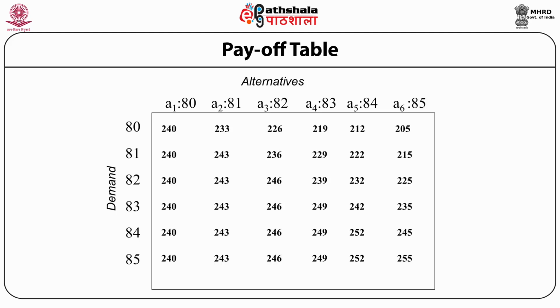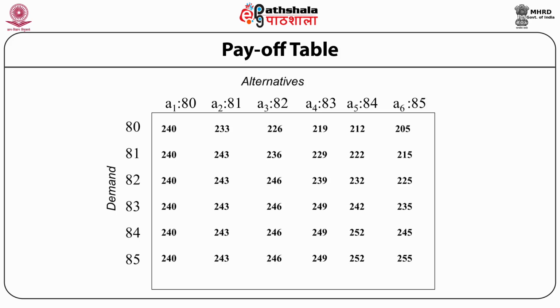Now in this table we have calculated the profits of the retailer. For example, when demand is for 80 breads and the retailer has taken alternative A1, that means he has placed an order for 80 packets. In that case, his profits would be rupees 240.